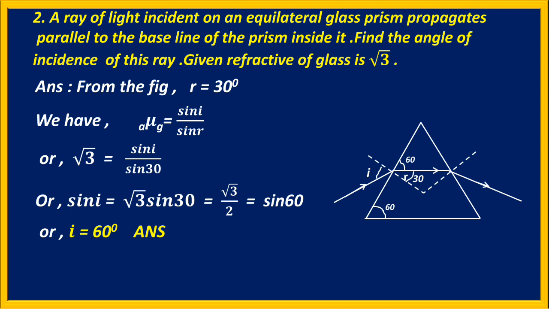So sin I equal to root 3 by 2, which is replaced by sin 60, because the value of sin 60 is root 3 by 2. So in this way we can calculate angle of incidence equal to 60.